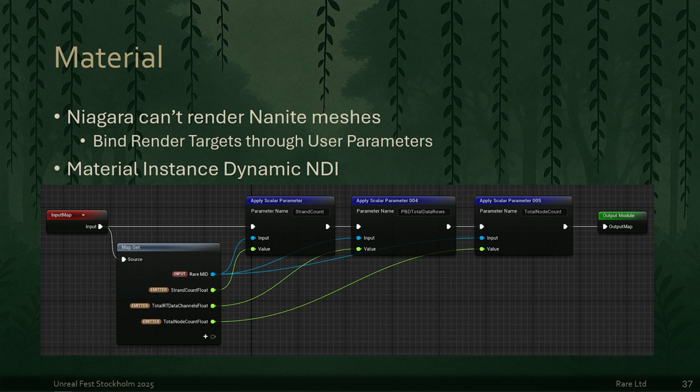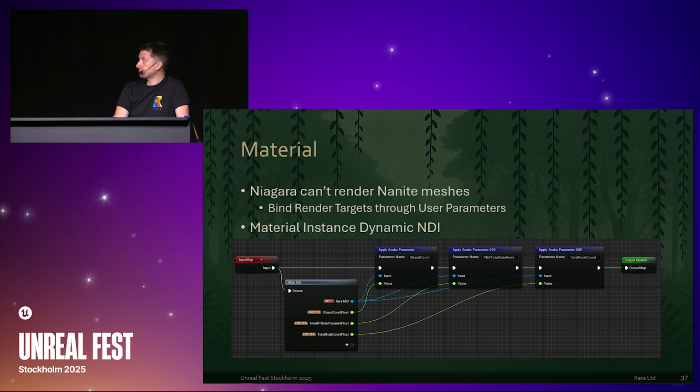And then I wrote the material instance dynamic Niagara data interface that I mentioned earlier to set arbitrary values on it by material parameter name. In this screenshot, I'm setting a few scalar parameters, but it also supports float 4s. And I'm glad to say that it's been adopted by the Niagara team, so it should land in UE 5.7.